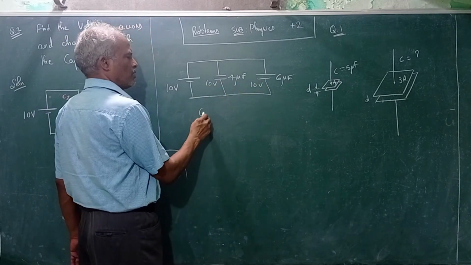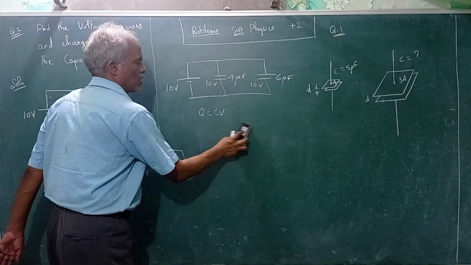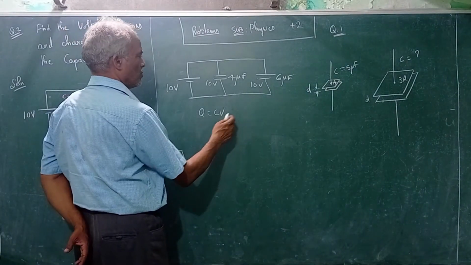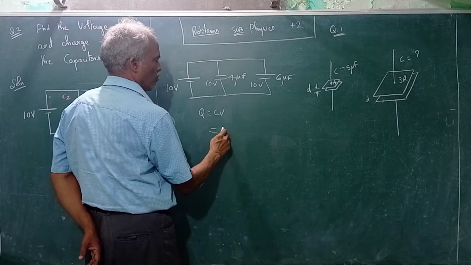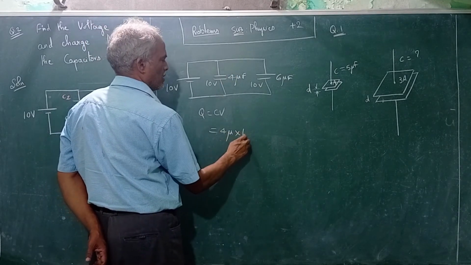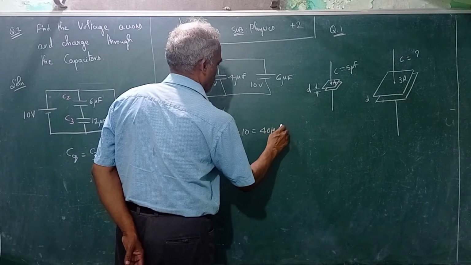Now you all know that Q is equal to CV. So V we know, and we want the charge now. Q is equal to CV. The capacitance value is 4 microfarad and the voltage is 10. That is 4 into 10, 40 microcoulomb.